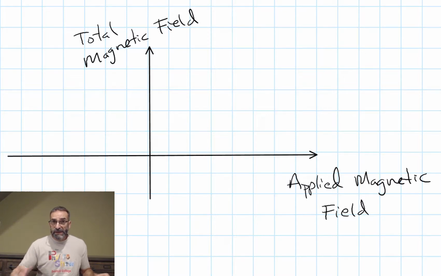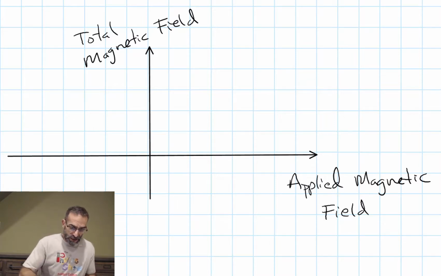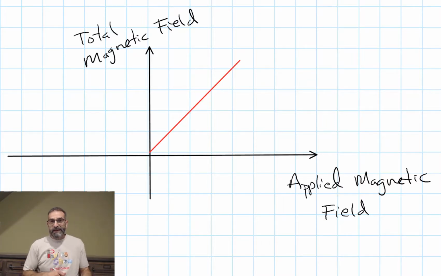So if there was no iron present, if we just had our test chamber and we turned on a magnetic field, we would measure that much magnetic field. We would get a graph that looks like this. If there was no iron present, we just measure whatever field we turn on.